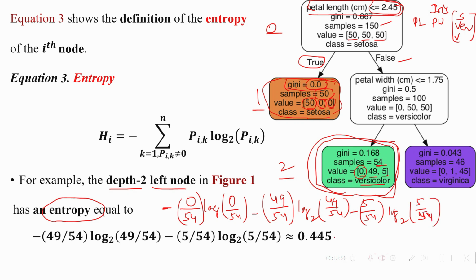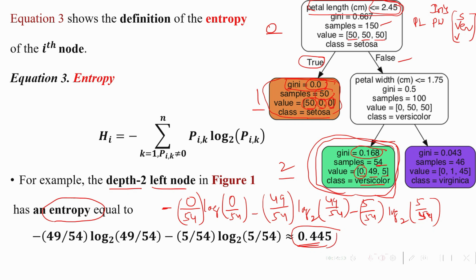That gives the value 0.445. That means here, instead of Gini value equal to 0.168, we get the entropy equal to 0.445.